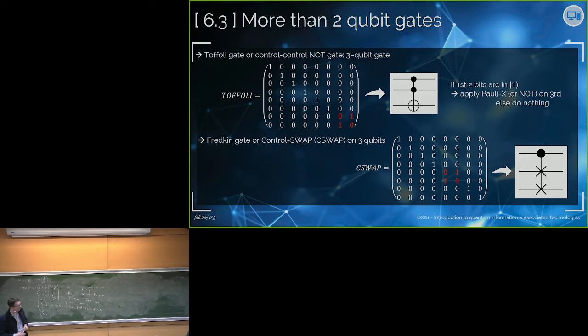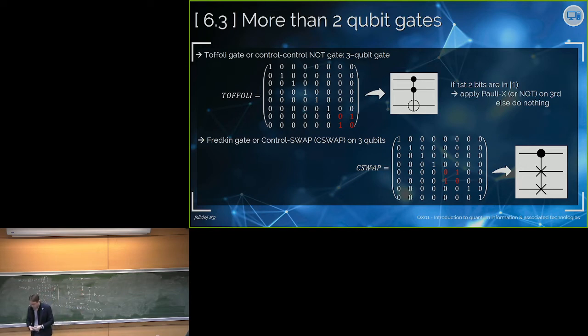So that's that, and then you have the Fredkin gate, which is the equivalent of the swap gate for 3 qubits. And this one is sometimes called a controlled swap gate. So what you do is a swapping depending on the control of a third qubit. You would have a control qubit, and the control here is going to give you the swapping.